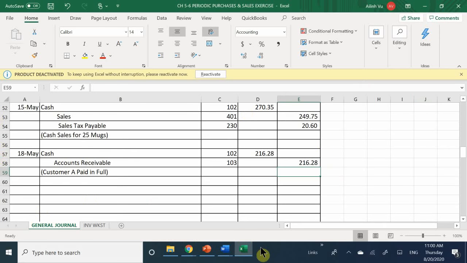Leah, yes. Can you explain again what just happened with customer A? So customer A, they just paid. In the original first transaction, they owed us money. They decided to say, hey, can I pay you later? And they charged it on an account that we've created for them.